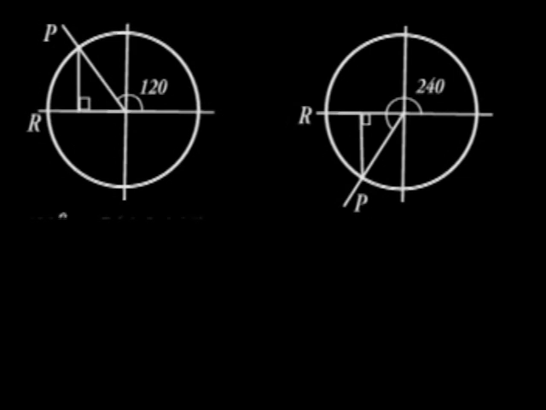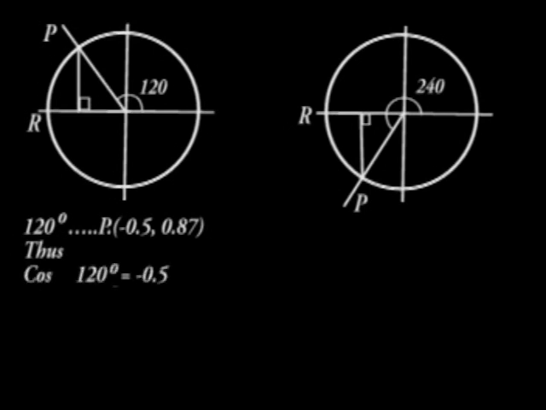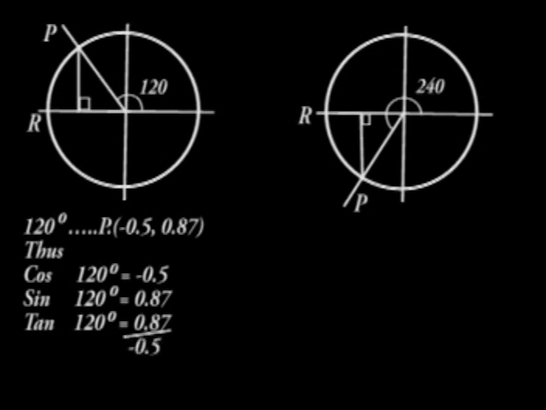For 120, the coordinates of P are negative 0.5, 0.87. Hence, cos 120 is the x-coordinate and is equal to minus 0.5. Sin 120 is equal to the y-coordinate, which is 0.87. Tan 120 is y over x, which is 0.87 over minus 0.5, giving us minus 1.74.